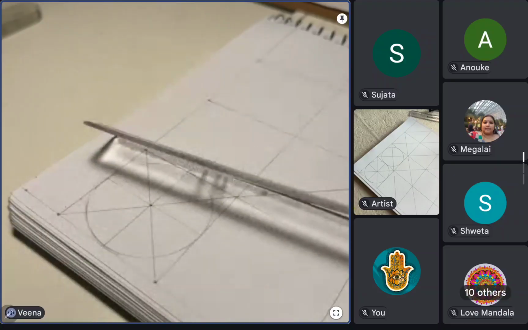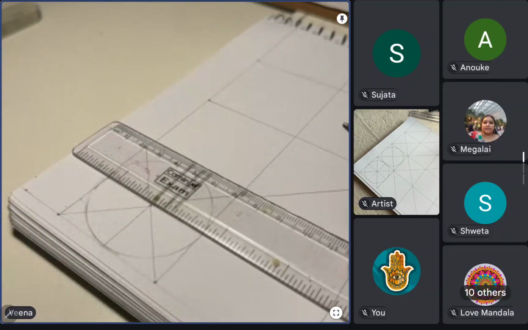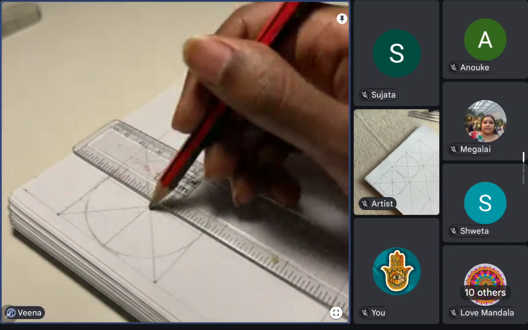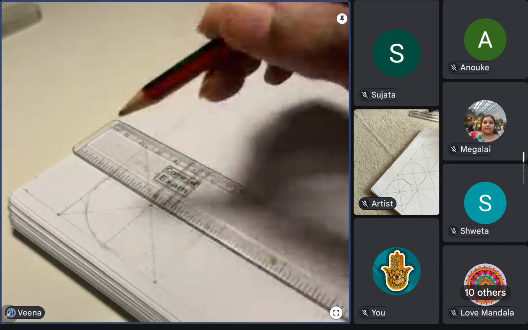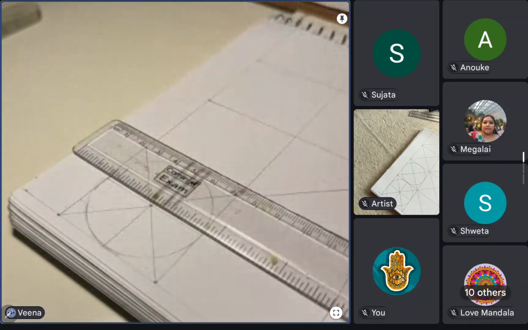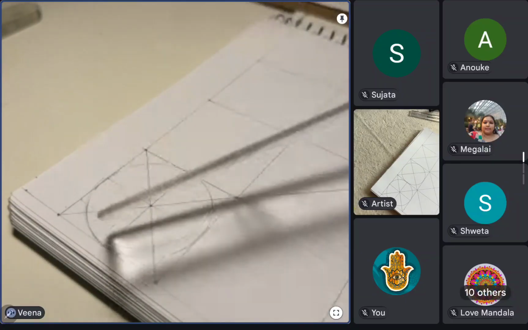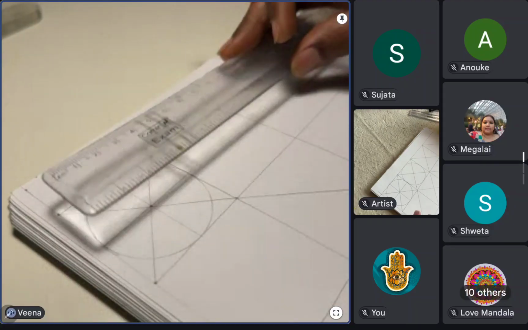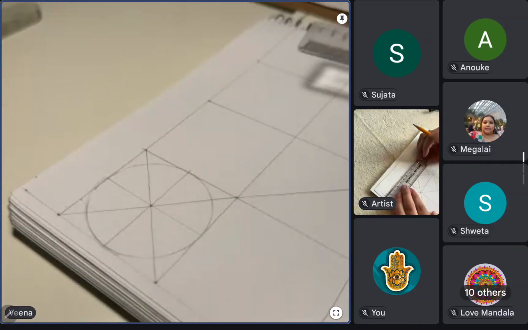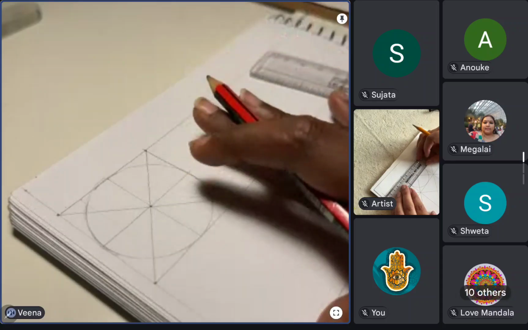Similarly, if you place this scale along the center point, you can make the horizontal and vertical line. But if you want to be extra precise because you feel more comfortable that way, you can again mark a point, make a midpoint, and then join the lines. But it's fine to do like this.